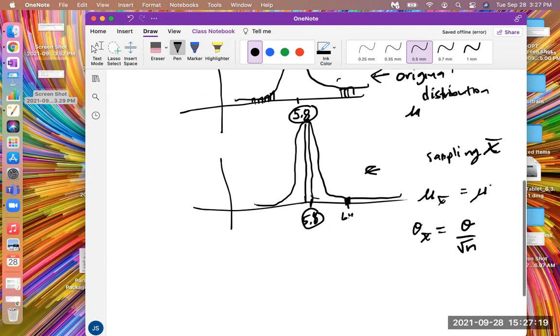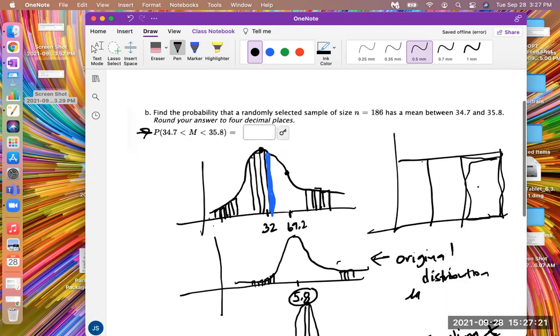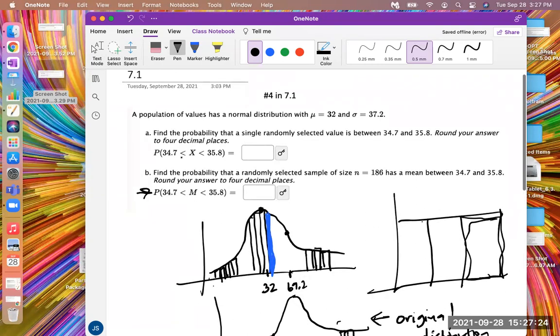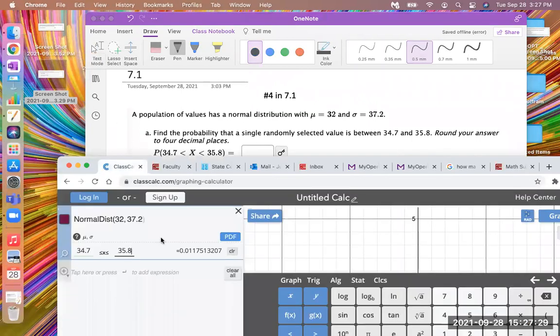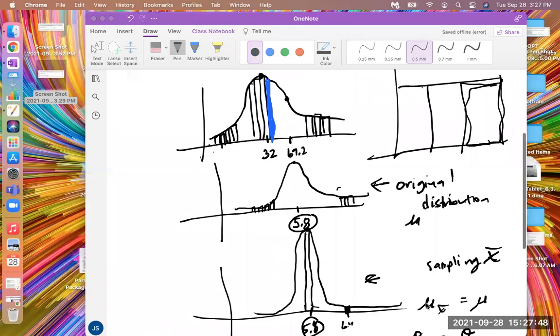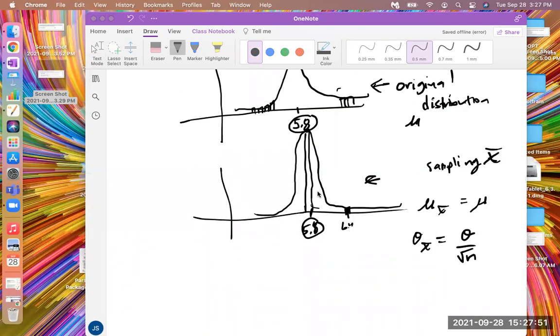Now, to calculate this part B, I can pull up my calculator. I'm still going to use normal CDF. I'm still going to use the 32 for the mu, because, like I said, I wrote down here that the mu of this new sampling distribution is the same as the mu in the original distribution.